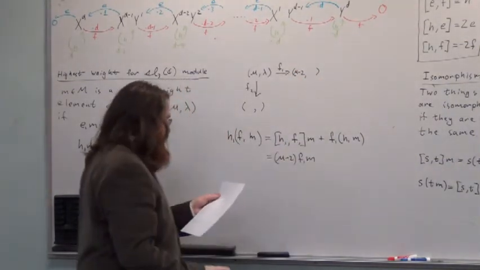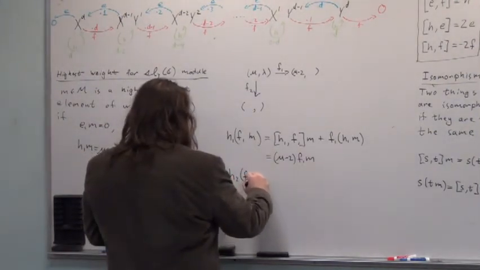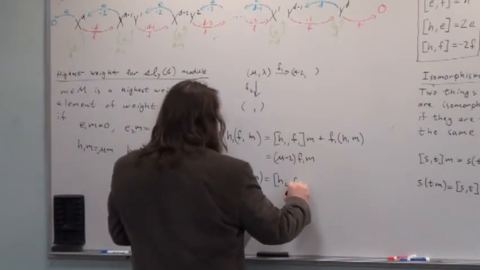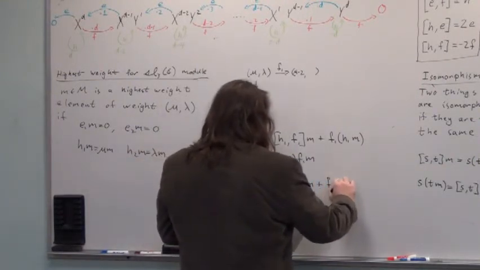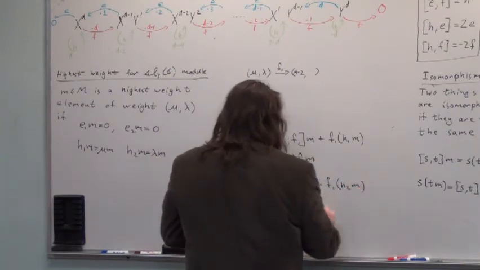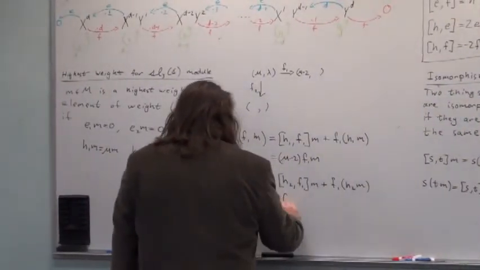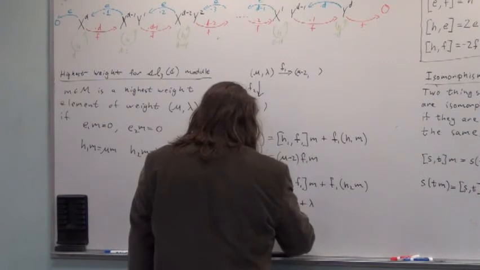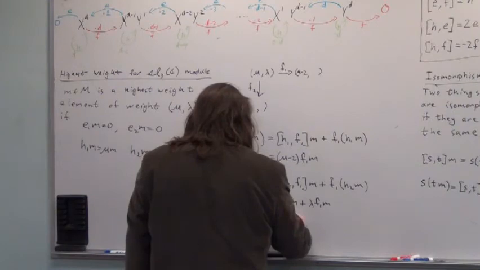But what happens to the other coordinate? So let's look at H2 of F1 on M. Well, this is the bracket of H2 and F1 applied to M, plus F1 on H2 of M. H2 on F1 we have in our list. That's just F1 times M, plus lambda F1 M. So this is lambda plus 1.